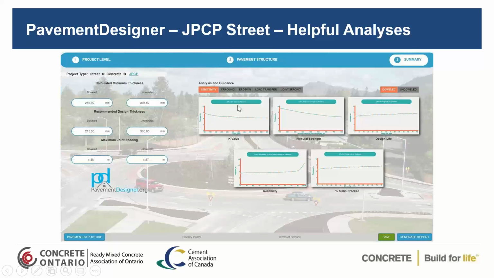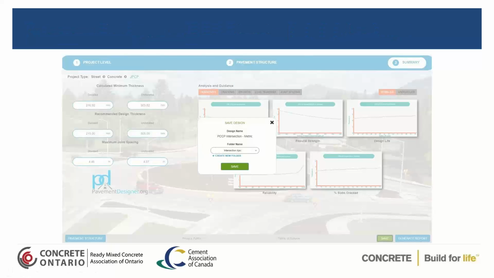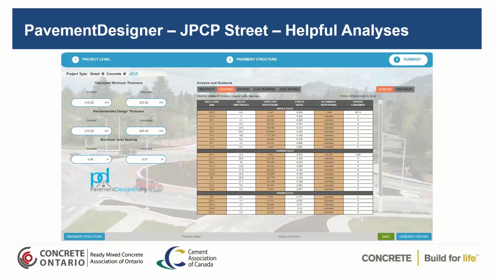But what this slide does, it shows you the sensitivity of the K value in your analysis. It shows how the flexural strength will affect your design, how the design life affects it, the reliability, and the subgrade cracking, how those affect your design. You also can look at, and here's my save slide, so I saved it.